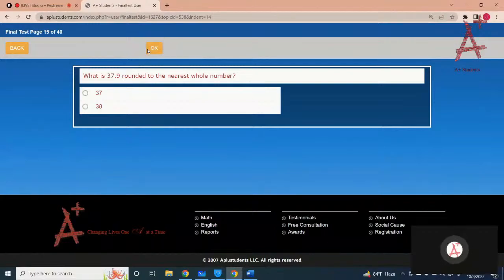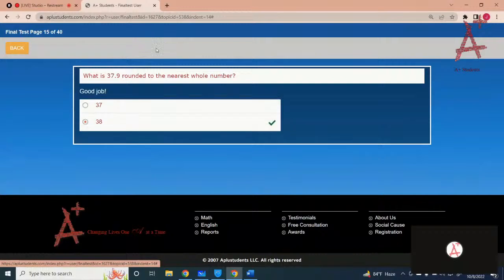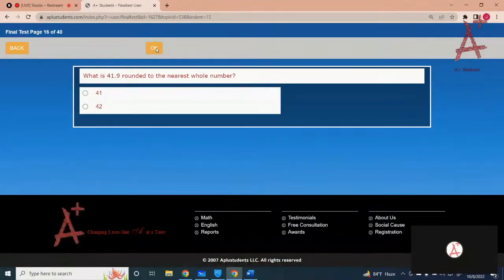The digit that is right after the decimal is 9. 9 is much greater than 5. That means you have to round up. Round up means you need to add 1 to the whole number, so it would be then 38. Got it? Okay, what is 41.9 rounded to the nearest whole number? So 41.9 is rounded to, yes, it is 42.